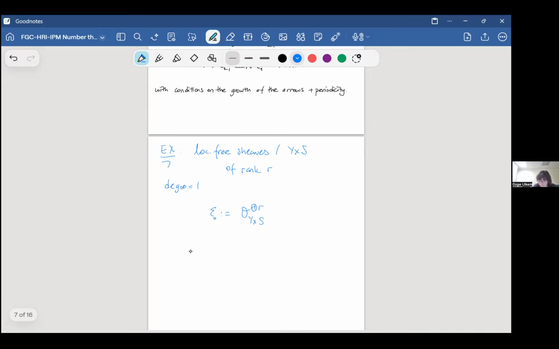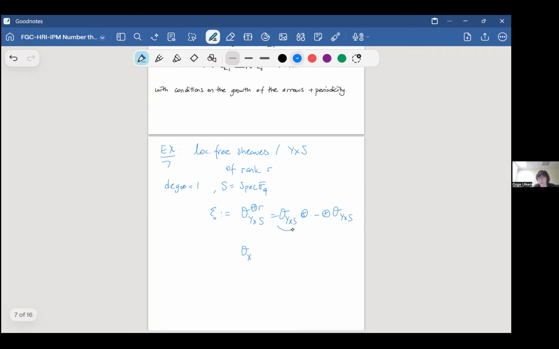And let's make it even simpler. Let's take S to be Spec F_q. Then let's start modifying. Well, I want to modify around infinity. So this is Y times S, r copies of it.